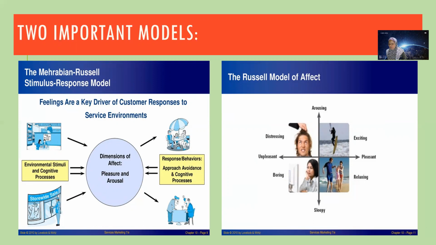Based on this model, feelings are a key driver of customer responses to service environments. If you can see from the model, there are environmental stimuli and cognitive processes, and the dimensions of affect, pleasure and arousal.